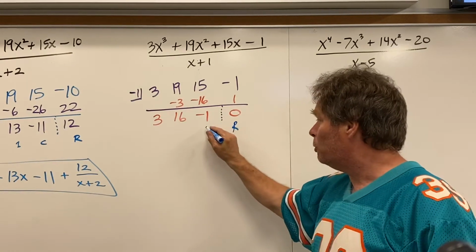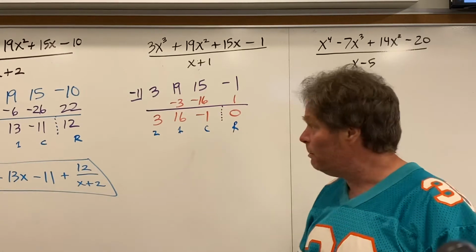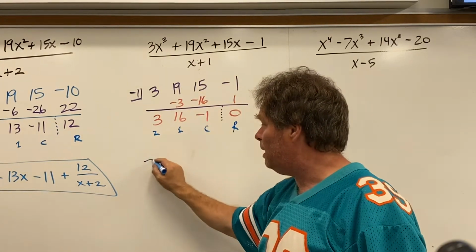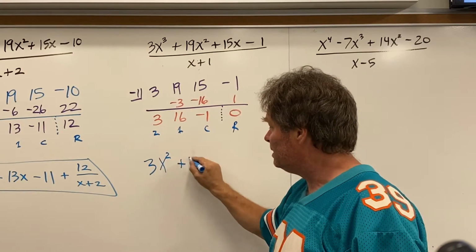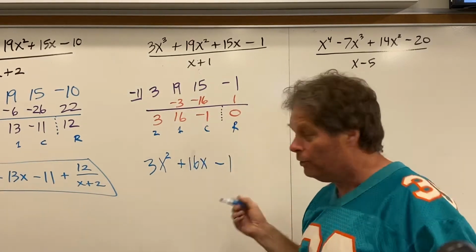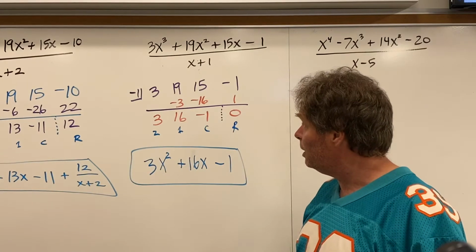That means it goes evenly. Constant, first power, second power. There's no remainder. So the answer here, this divided by this, is just going to be 3x squared plus 16x to the first power minus 1. And there's no remainder, so that is the answer. It divides evenly.